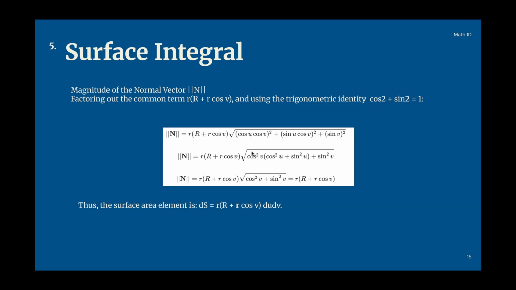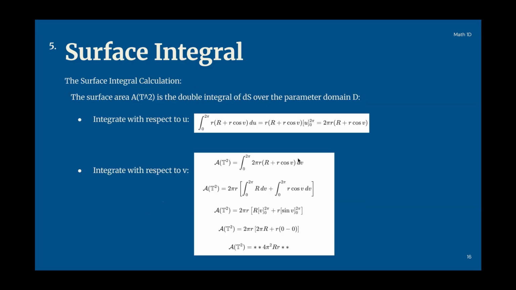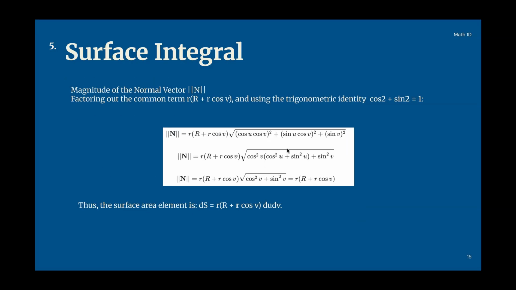And here we can just simplify everything inside. You can see that we organize it, we simplify it. This is 1, this is 1, and then this is 1. So this is just 1. So the magnitude of the normal vector is simply r times big R plus r cosine v.